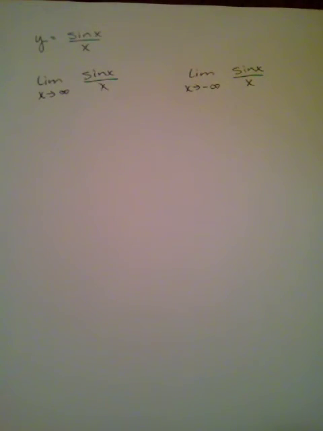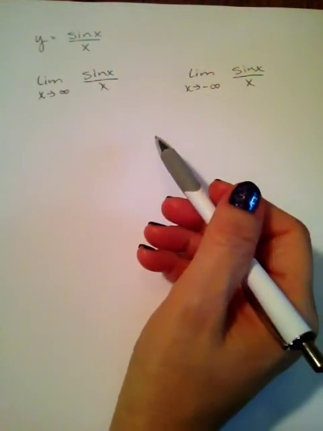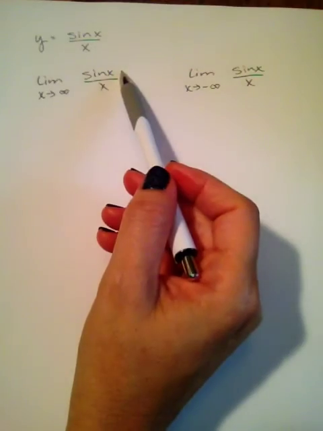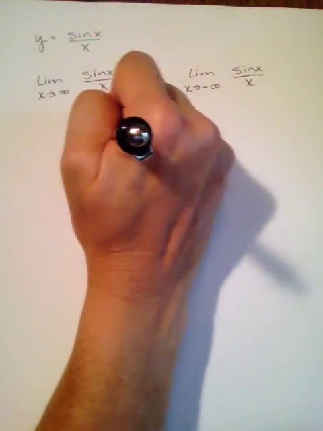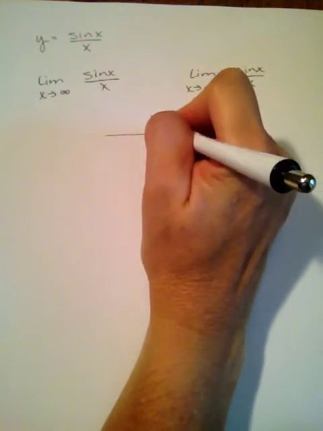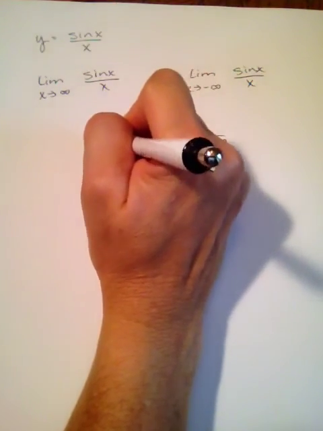So you want to plug infinity into sine, or negative infinity into sine. And that's where you're not going to have an algebra skill that saves you. You have to stop and think about the size of something. Which is more dominant, sine or x? If you think about the sine function, it oscillates, goes back and forth.